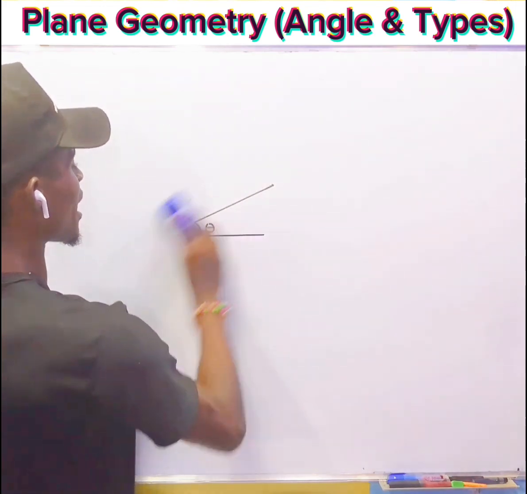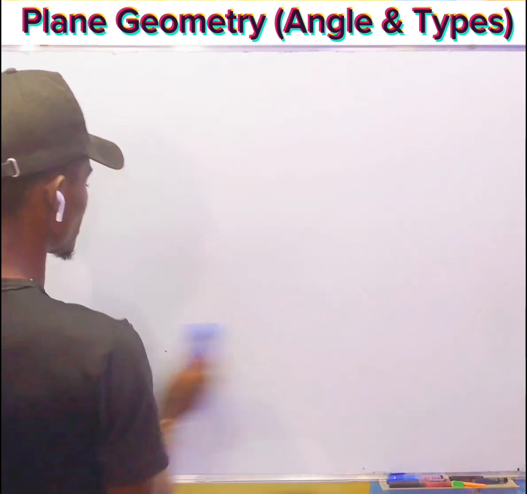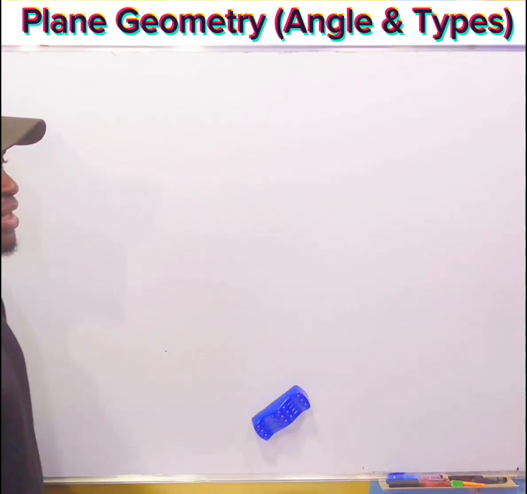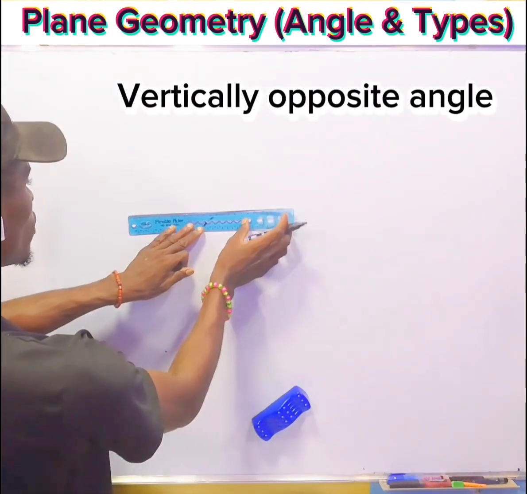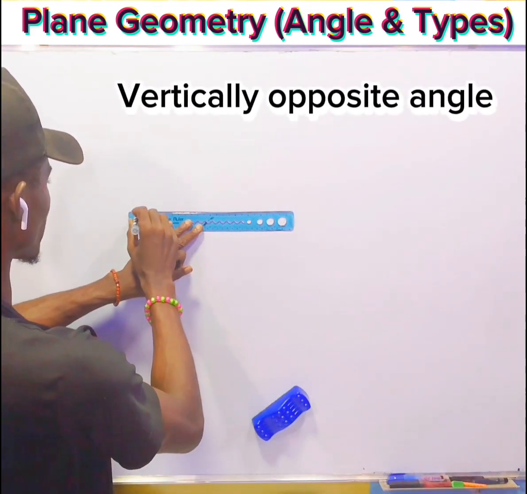Also, we have what is known as vertically opposite angles. An angle is said to be vertically opposite only when it meets this criteria.